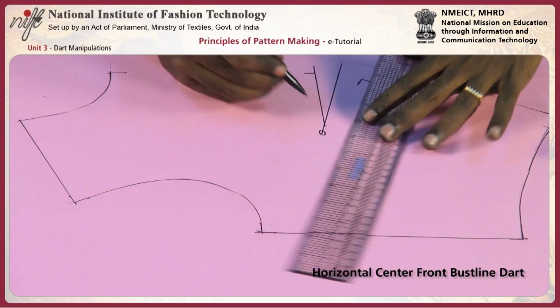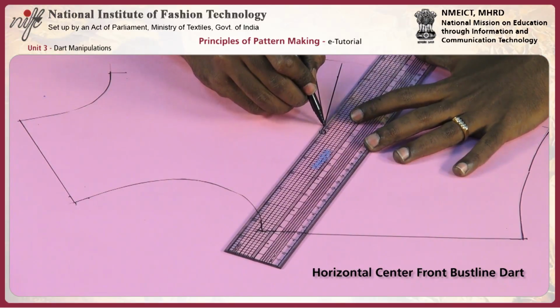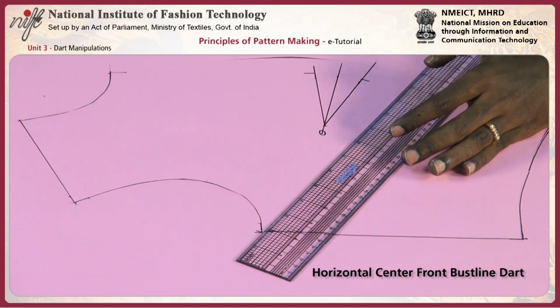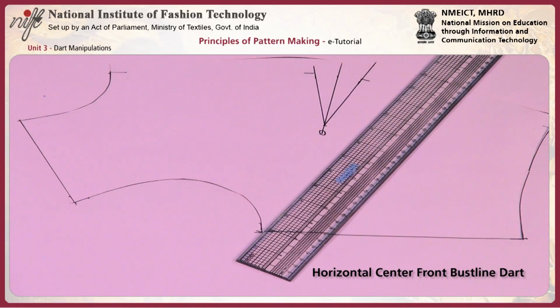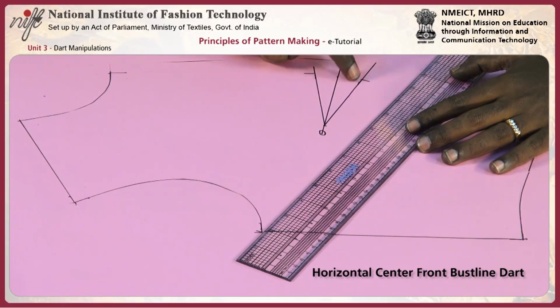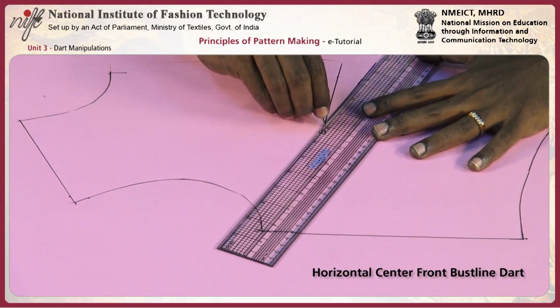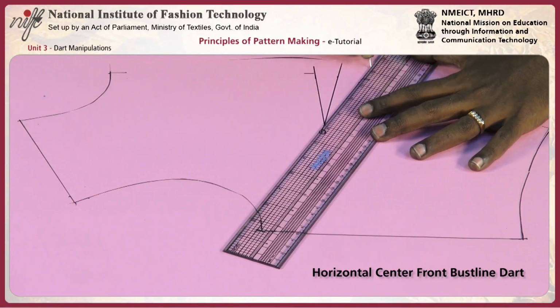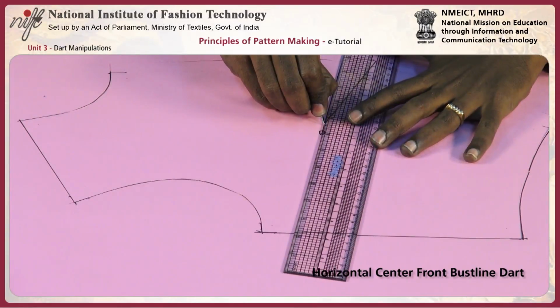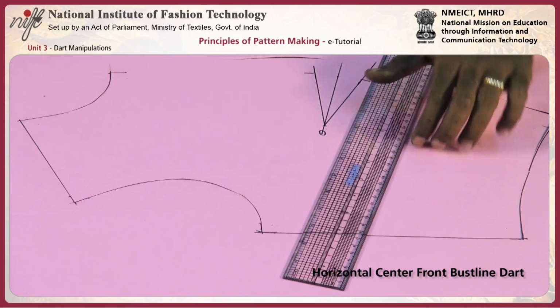Draw the dot legs. Since it is a horizontal dot, crease the lower dot leg. Crease the center of the dot.